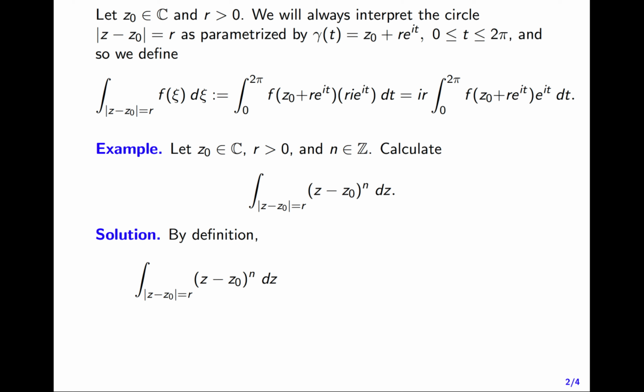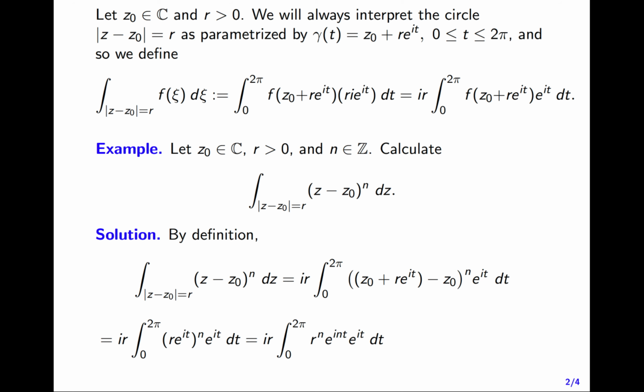The integral over the modulus of z minus z0 equals r of z minus z0 raised to the power n, by definition, that is i times r times the integral from 0 to 2 pi of z0 plus r e to the it minus z0 raised to the n times e to the it. So that simplifies a little to i times r times the integral from 0 to 2 pi of r e to the it raised to the n times e to the it.